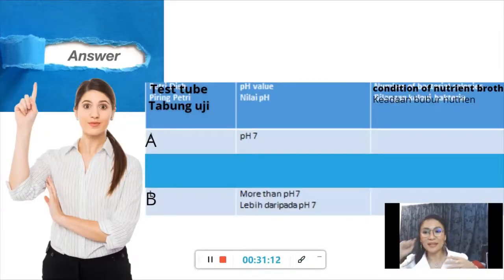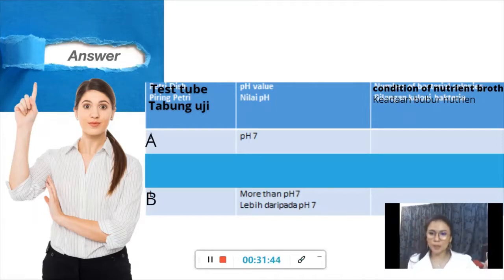Okay, I did a little bit of correction here. So for this table, we have test tube, then a column for pH value, another column for the condition of nutrient broth. In fact, the manipulated variable is your pH value. So test tube A represents pH 7, because for test tube A we add in distilled water.